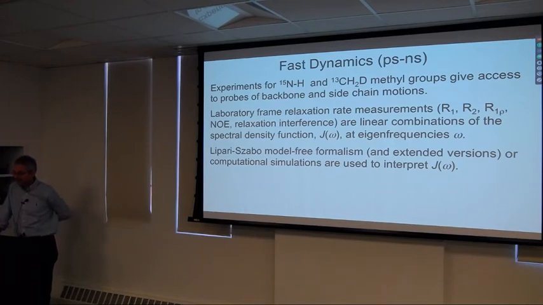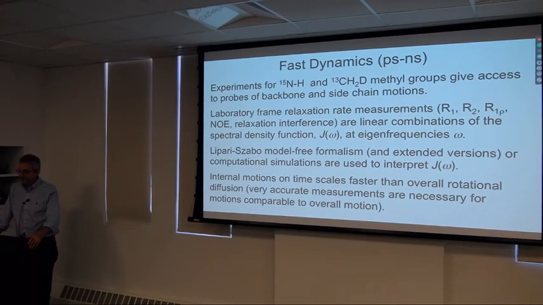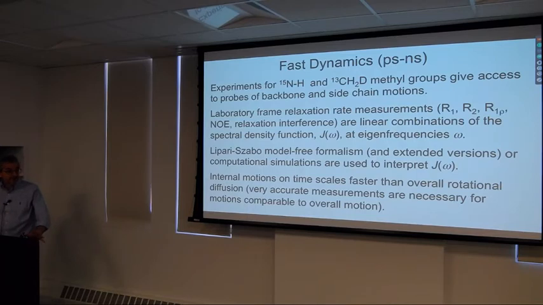Most commonly, we will use some variant of the Lipari-Szabo model free formalism for modeling J of omega, although again there are other approaches in the literature such as the SLRS theory, slowly relaxing local structure. The experiments all depend on the fluctuations of the stochastic Hamiltonian, but in solution, the stochastic processes are all averaged by rotational tumbling.